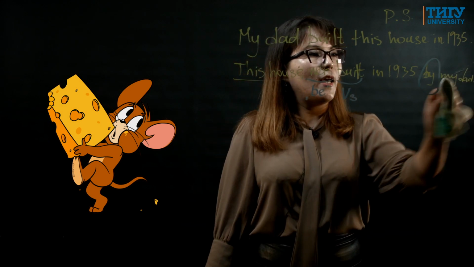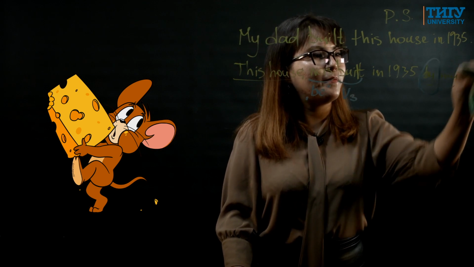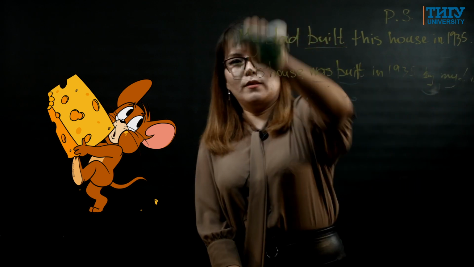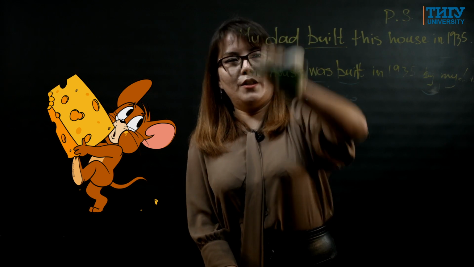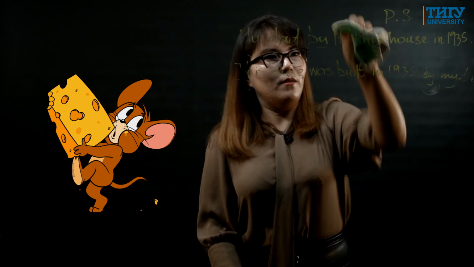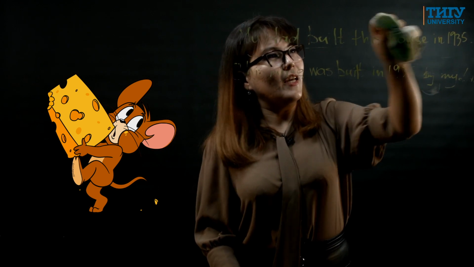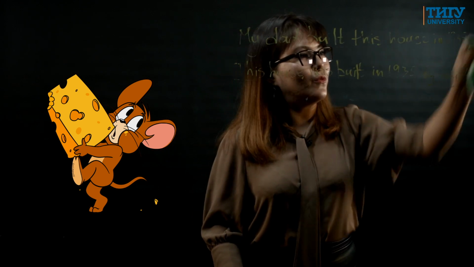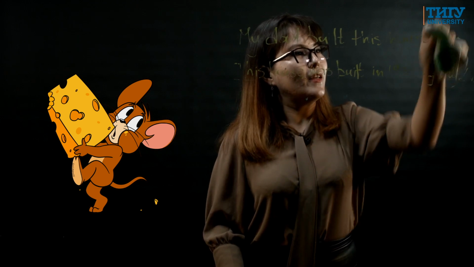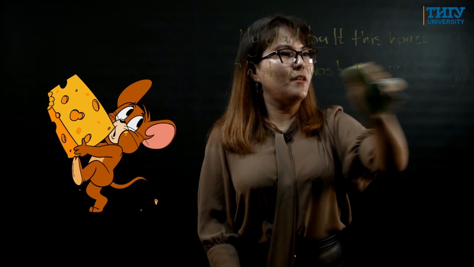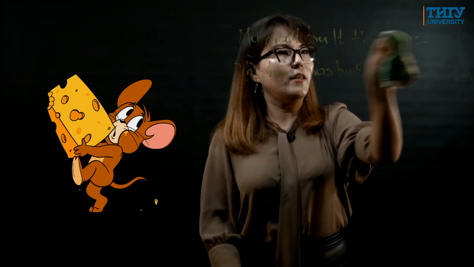So now please, let's practice and look at this picture and tell me what is here. What is it? Yes, it is a mouse from the cartoon. Yeah, Tom and Jerry. It is probably Jerry. Okay.